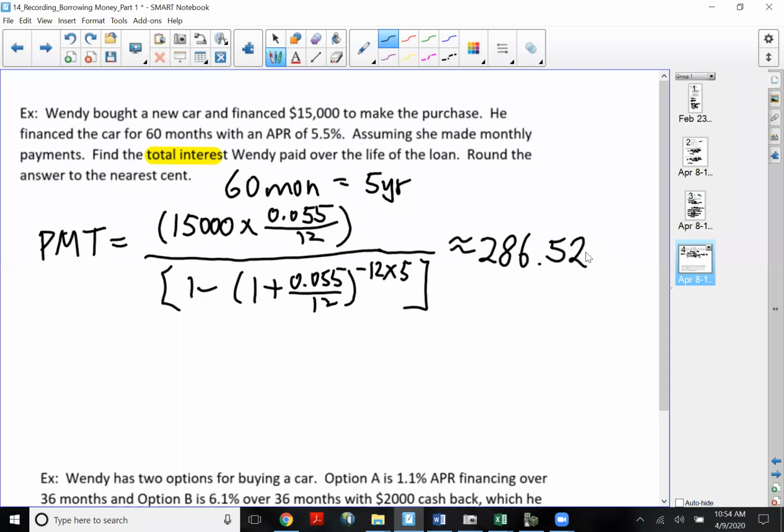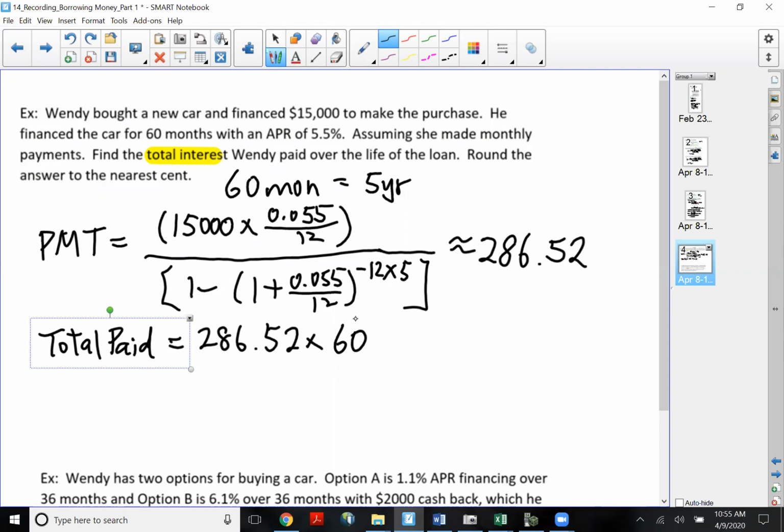In order to find the interest, we need to know her payoff, the total amount of money she paid. Rather than say payoff, I'm going to say total paid, which is the monthly payment times 60 months.